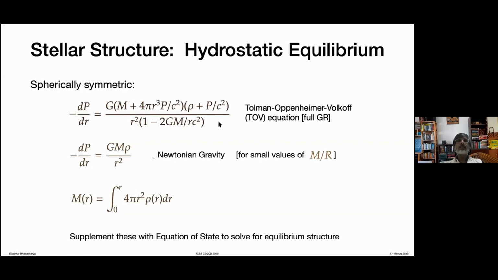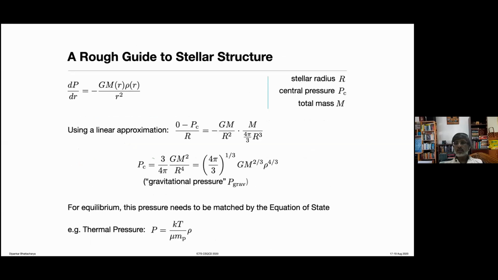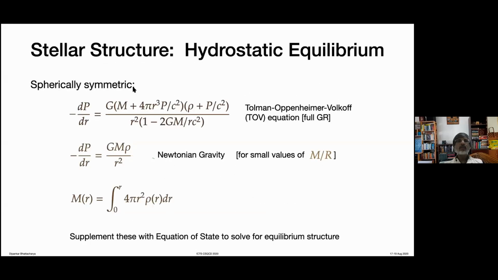And this equation, which is written on top, is an equation of pressure balance. On the left-hand side, we have the pressure gradient. It's given a negative sign because the pressure actually goes down as R increases.